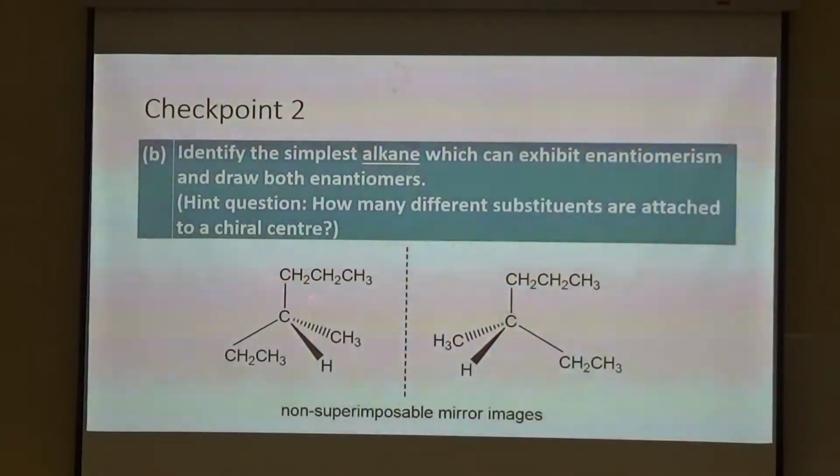Next thing, when it comes to writing, you should write CH2, CH2, CH3 and not C3H7. I think some of you just shortcut C3H7. No. Write it as per the structure. Same thing here, CH2, CH3, please do not write it as C2H5.